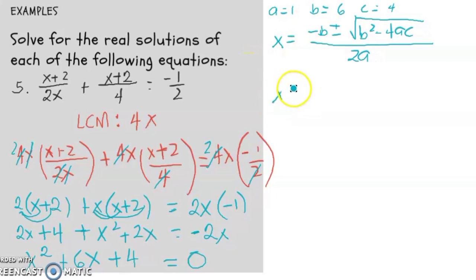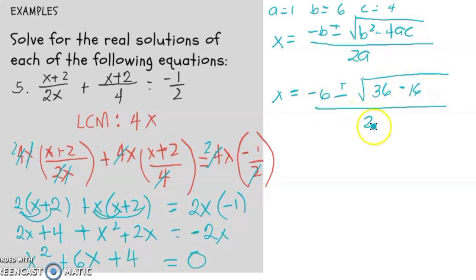So, substitute na natin. So, negative B. So, we have negative 6 plus or minus square root of 6 squared is 36. Diretsuin ko na ha. Minus 4 times 1 times 4. 4 times 4, 16. Okay. All over 2 times 1 is 2.